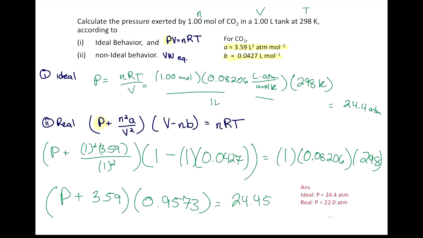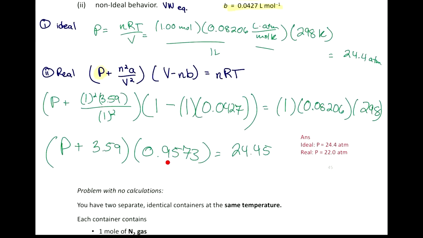That equals 24.45. I'm going to divide both sides by 0.9573, so I get 25.54 equals pressure plus 3.59. If you subtract that 3.59, you get that the pressure using the van der Waals equation is 22 atmospheres instead.